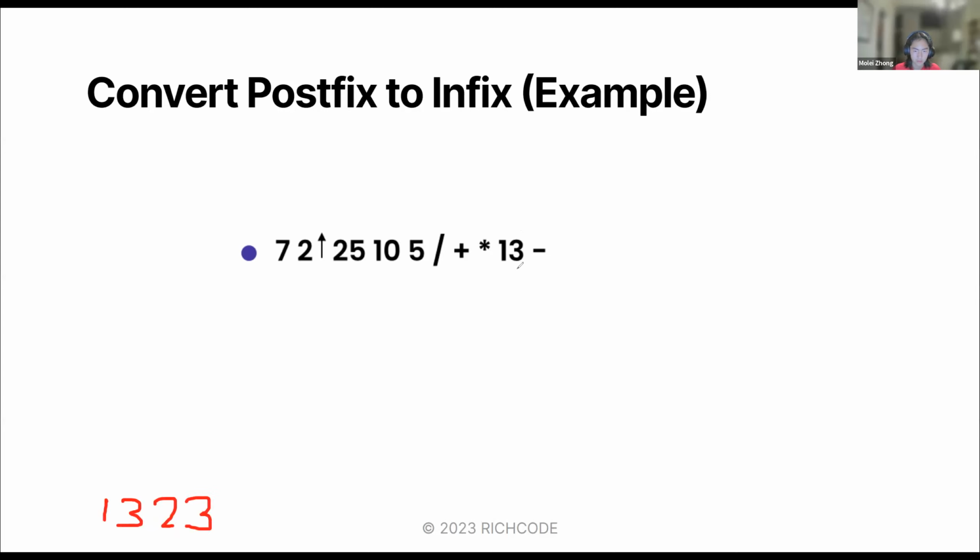And then finally, we get a 13 and a minus. So we take out the 13 and the 1,323, and we get 1,323 minus 13, which is 1,310. That's our final answer.